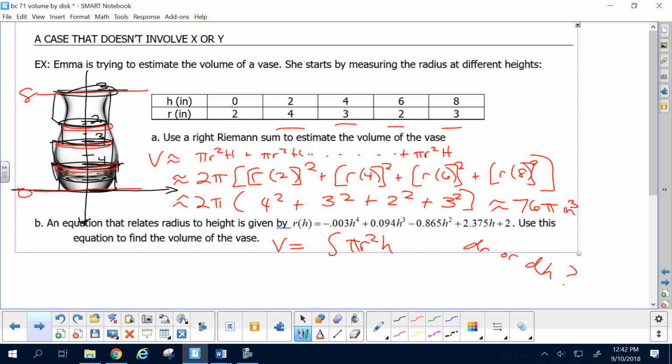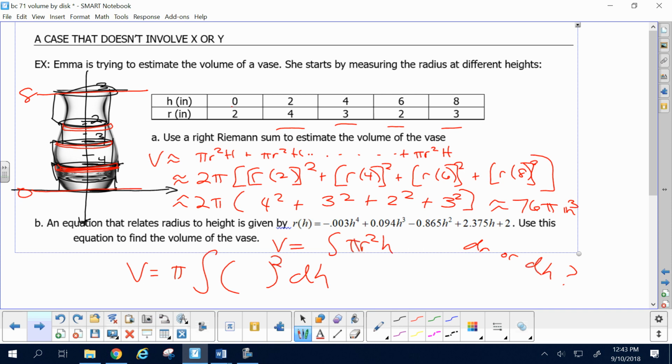The hardest part is deciding whether it's dr or dh. What's infinitesimally thin? The height is infinitely thin. So the integral is not in terms of r, it's in terms of h, which means the radius would have to be in terms of h.